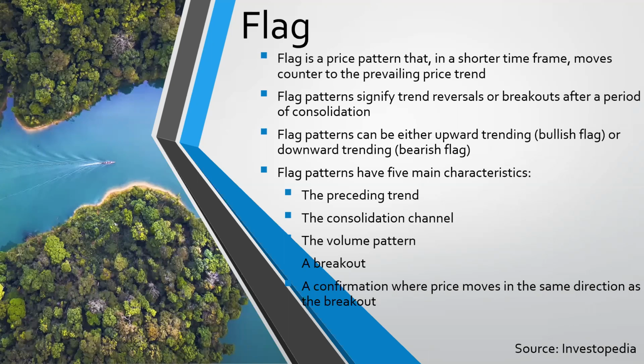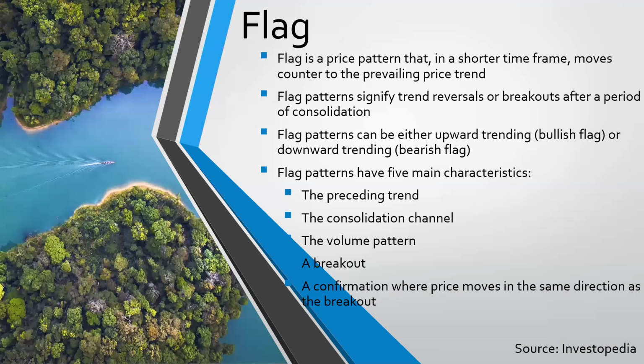The first is the preceding trend. It's counter to the prevailing price trend, and it needs to have a consolidation channel, a volume pattern, and a breakout, as we see in a rising or falling wedge. There was a breakout on a trend line.